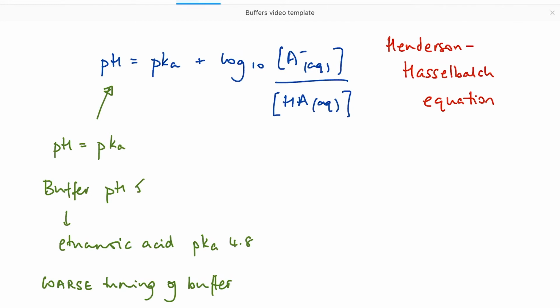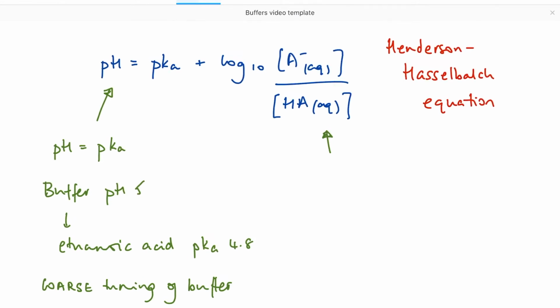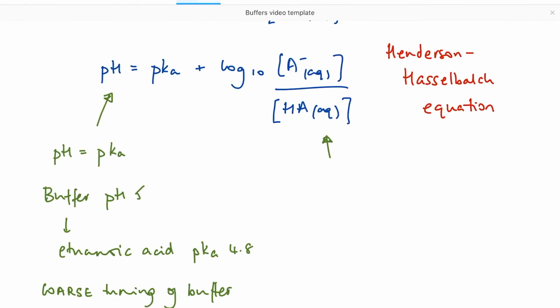An efficient buffer system also depends on the ratio of the salt to the weak acid, the A minus to HA, because we want our buffer to be equally resistant to the addition of both hydrogen ions and hydroxide ions, in which case we would really want our concentrations of A minus to be roughly equal to that of HA.